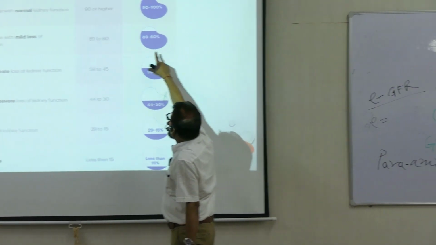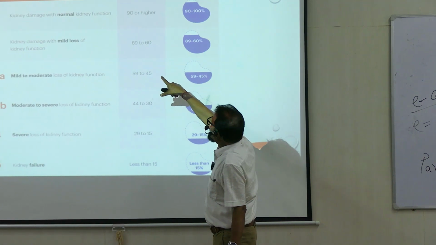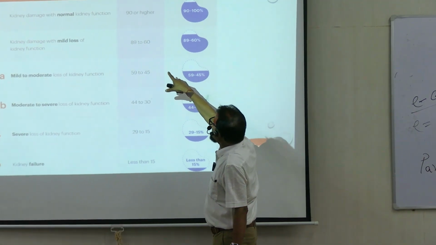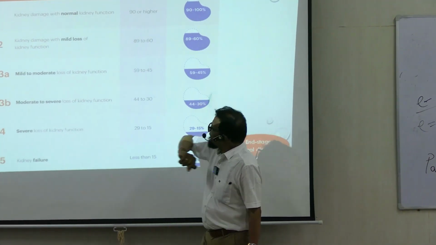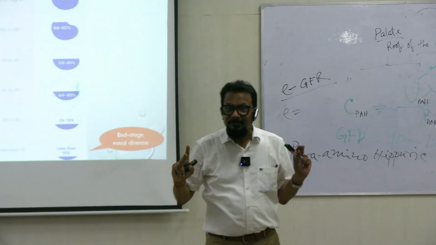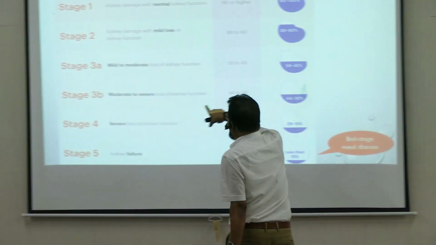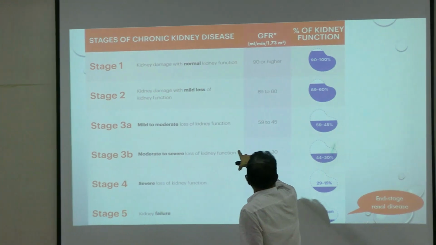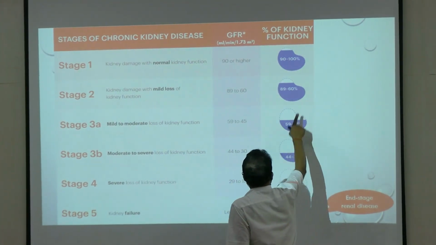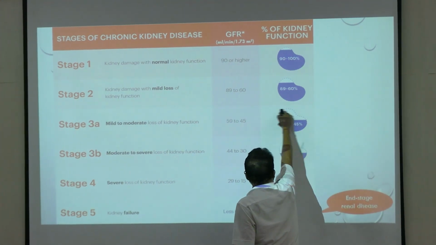How much is it? 10 to 40% is damaged. Kidney is damaged. Okay. Then stage 3, mild to moderate loss of kidney function. Here 59 to 45% of the kidney is operating, this is not operating.